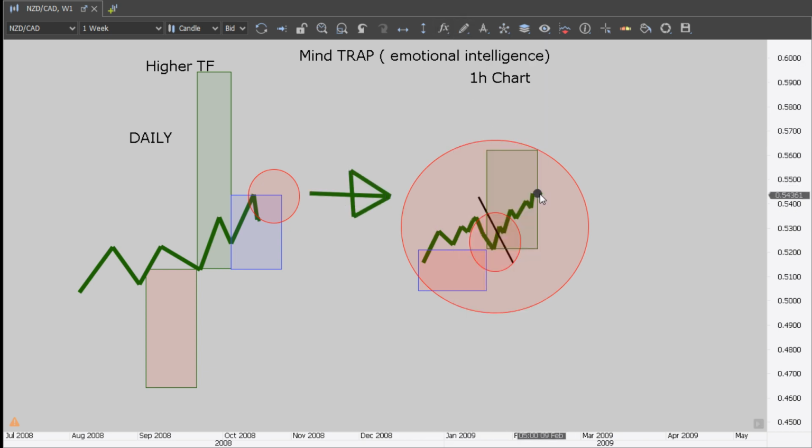And maybe the market even hit your profit. But this big circle, look the size of this trade on the daily chart. This is a mind trap, everybody. You still didn't earn what you planned.